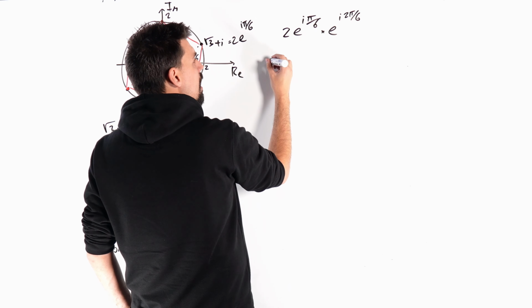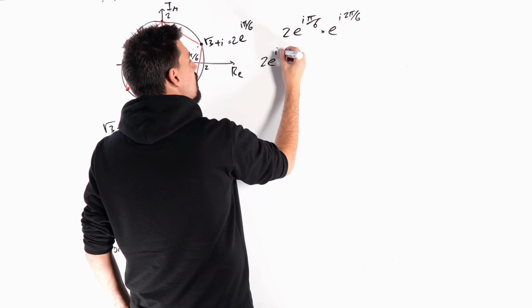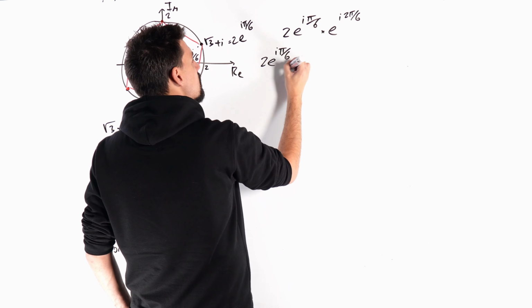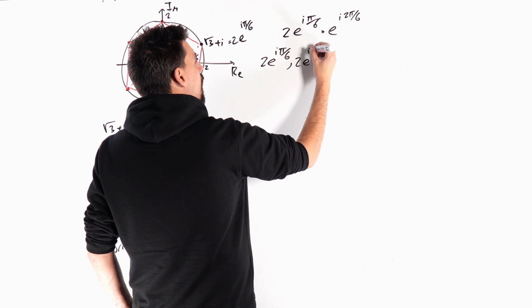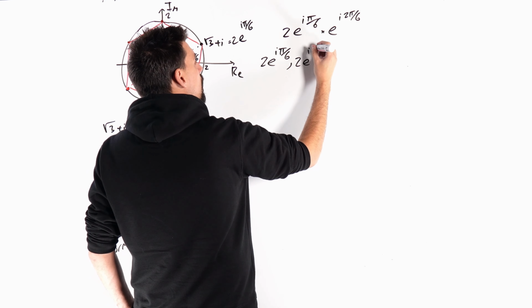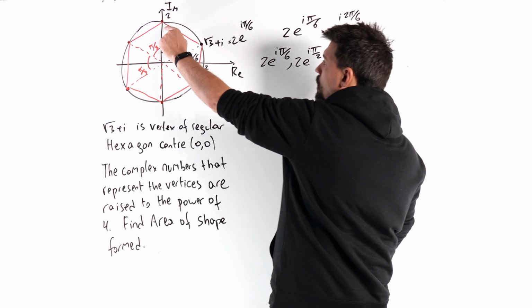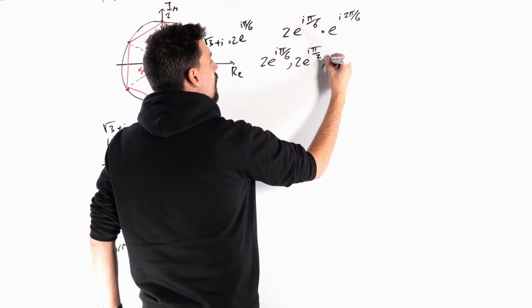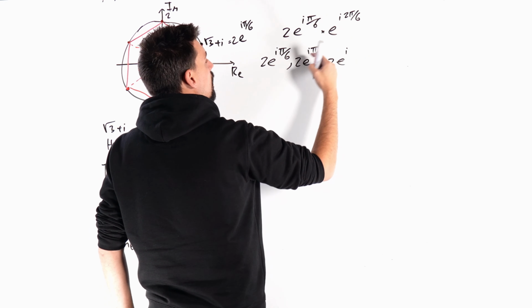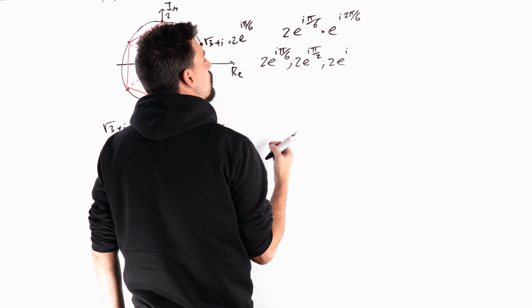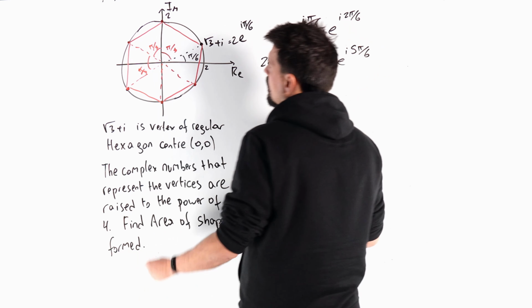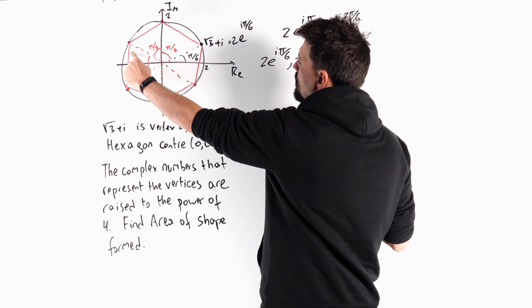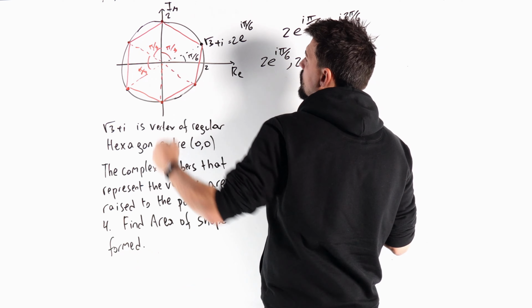So where are my vertices then? I've got 2e^(i pi/6). We'll go another 2 pi over 6. So that's pi over 2, which is that one. 2e^(i pi/2), let's add another 2 pi over 6. That's 3, so 5 pi over 6. That's that one. So actually that probably should be a little bit lower, symmetrical actually.